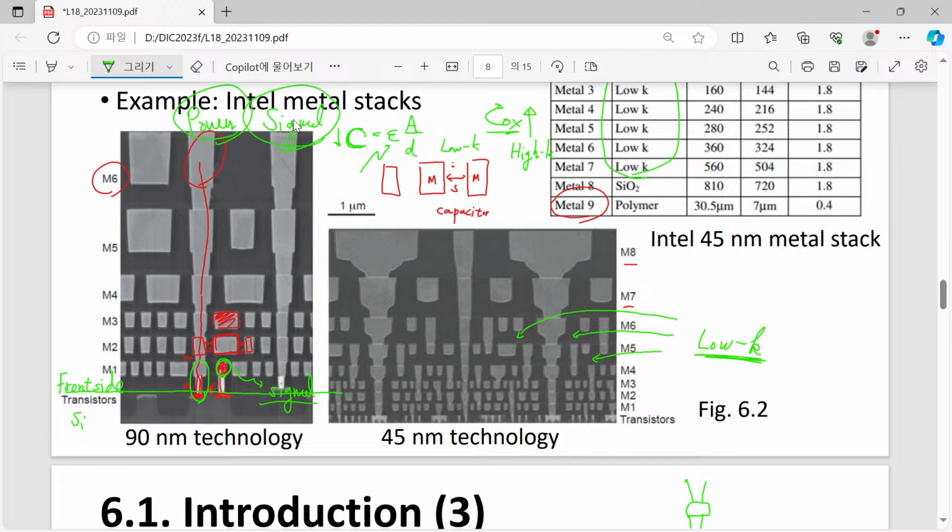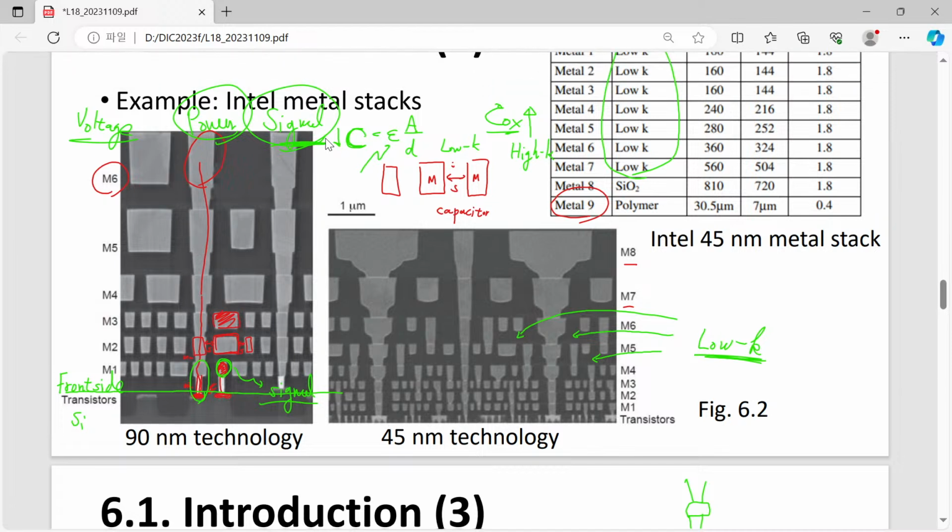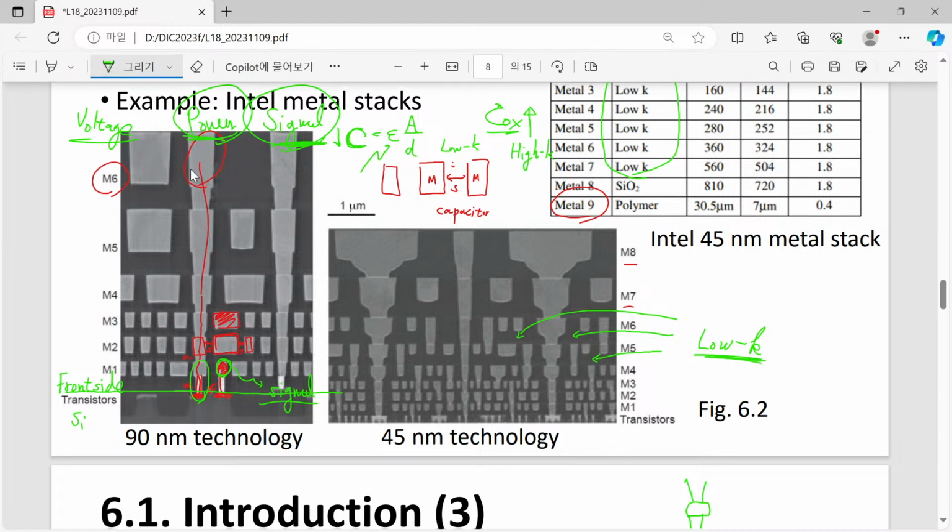These two quantities, power and signal, are both just voltages. However, the signal is dynamically changing, and this one is just statically given. So 0 or VDD. However, both of them are provided in this way.